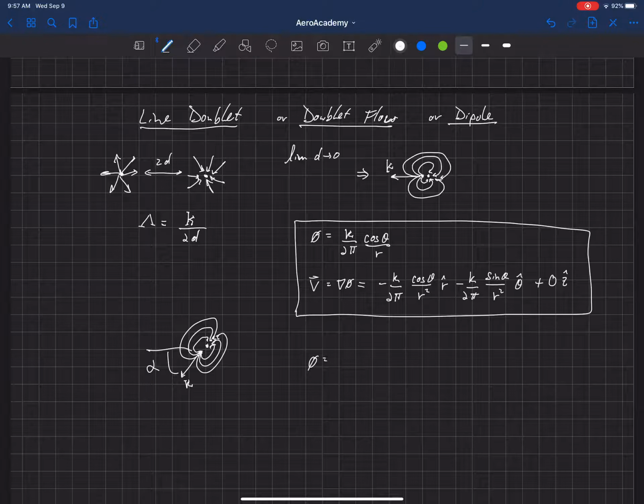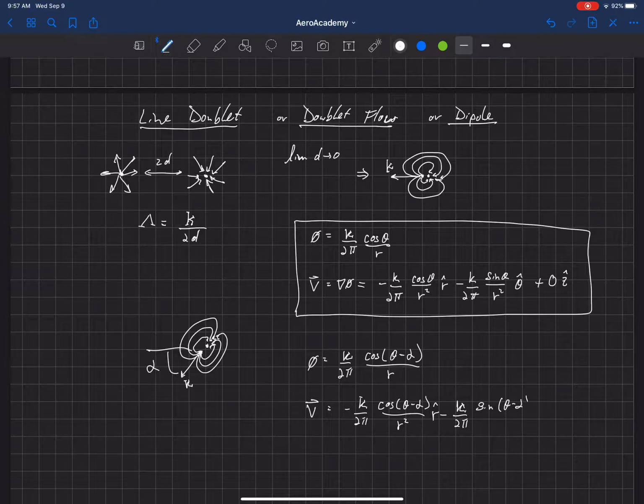The velocity potential would be kappa over 2 pi times cosine of theta minus alpha over r, and then the velocity vector is minus kappa over 2 pi cosine of theta minus alpha over r squared in the r hat direction, and then minus kappa over 2 pi sine of theta minus alpha over r squared in the theta hat direction, and again nothing in the z hat direction.